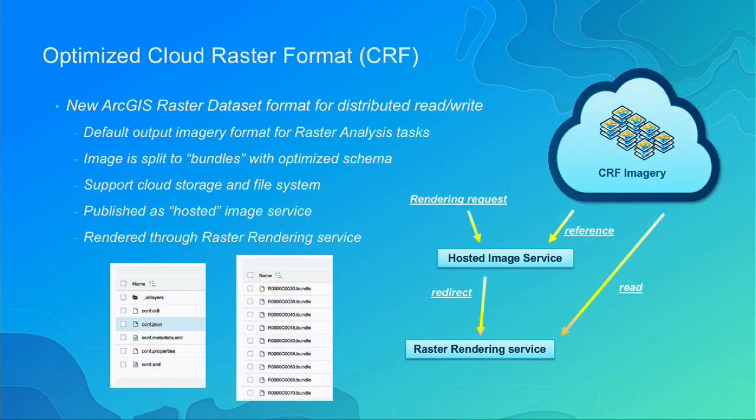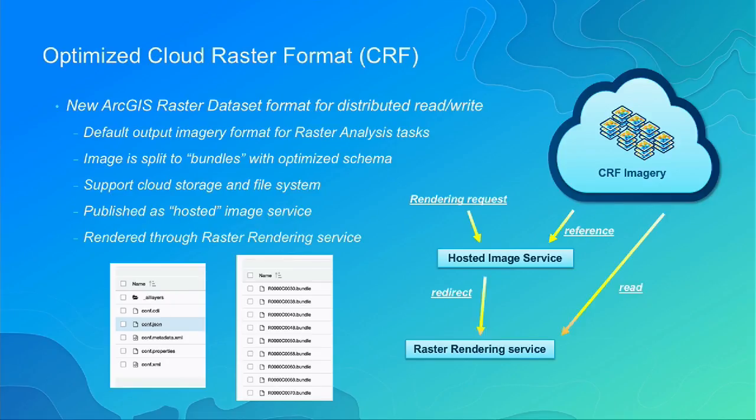Right. So in order to support parallel write of output pixels, we need to create a new raster format in ArcGIS that has that capability. We cannot use a traditional image format such as TIFF or JPEG because it only supports a single file handler. So we created this new imagery format, which we call the cloud raster format.